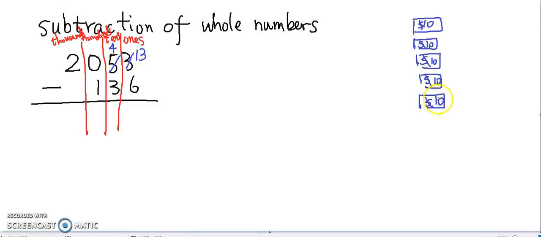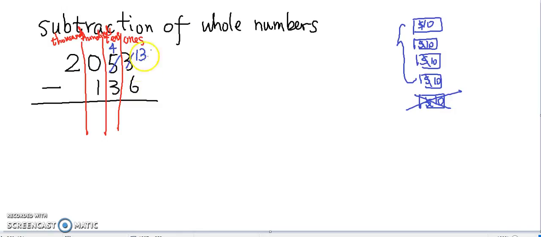We're going to borrow one $10 bill and give it to this $3. Altogether, that's why I get $13. But of the 5 $10 bills, we're only going to have four $10 left, which will be 4 in the tens place.